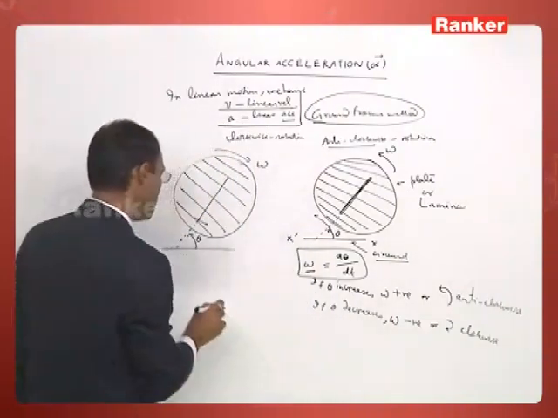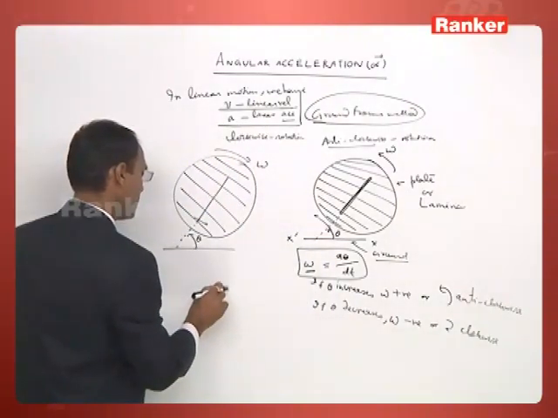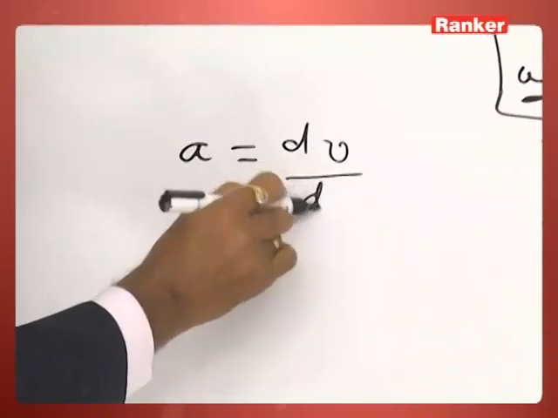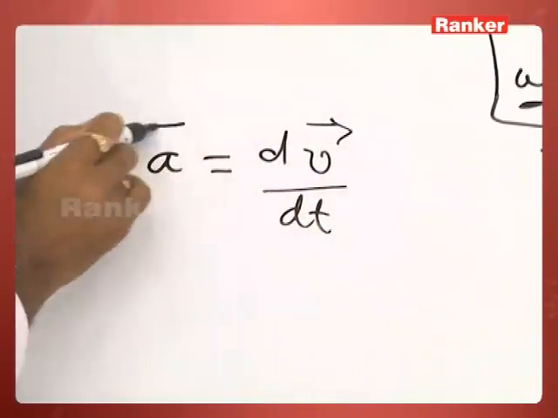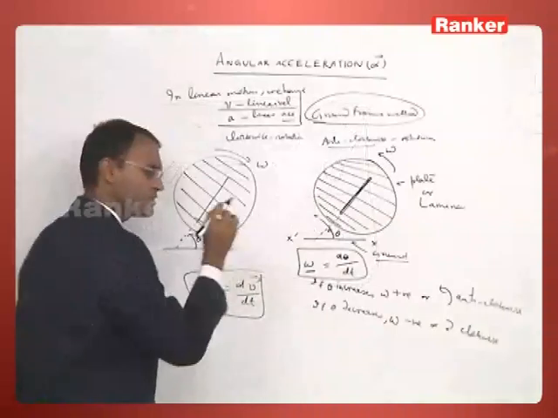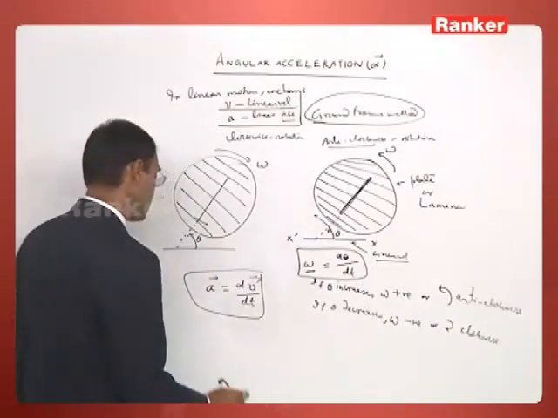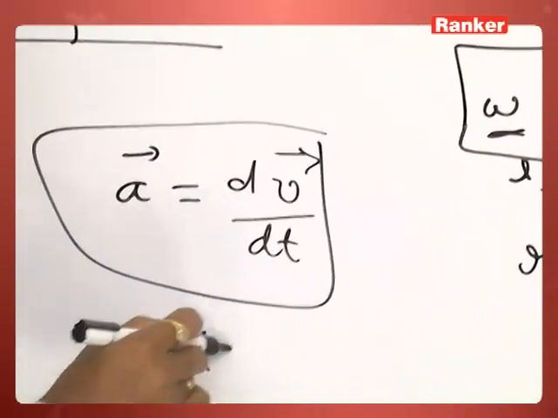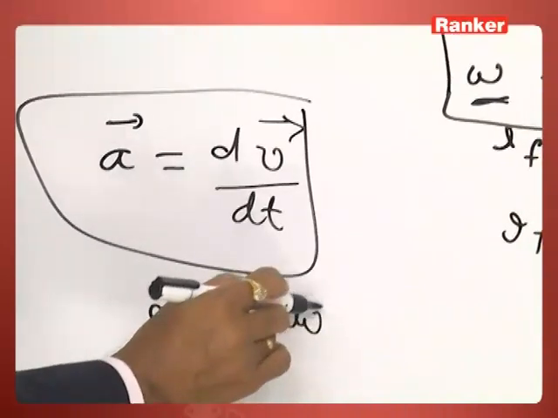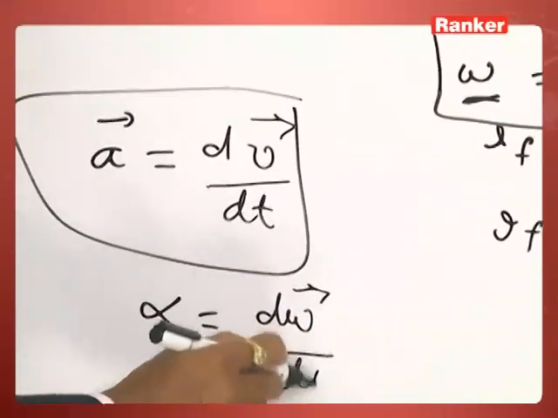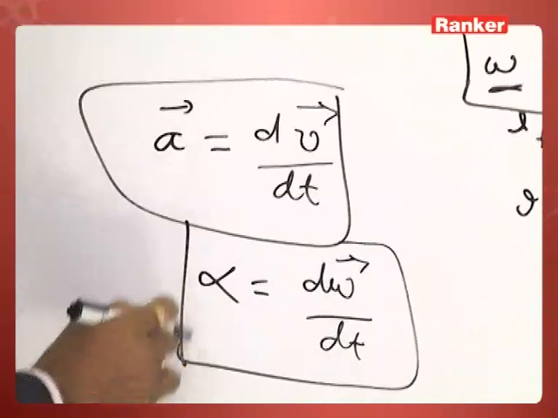Linear acceleration is defined as the rate of change of linear velocity. Similarly, the angular acceleration can be defined as the rate of change of angular velocity.